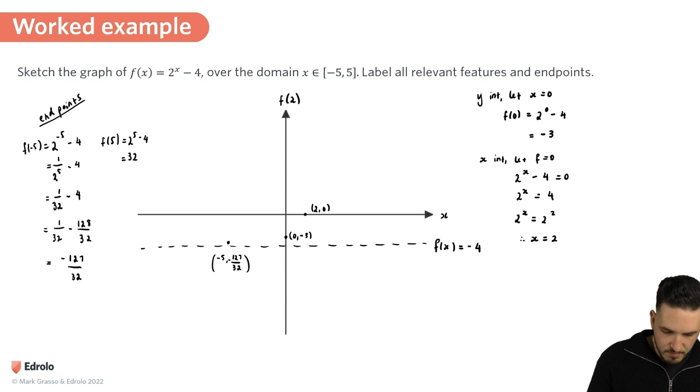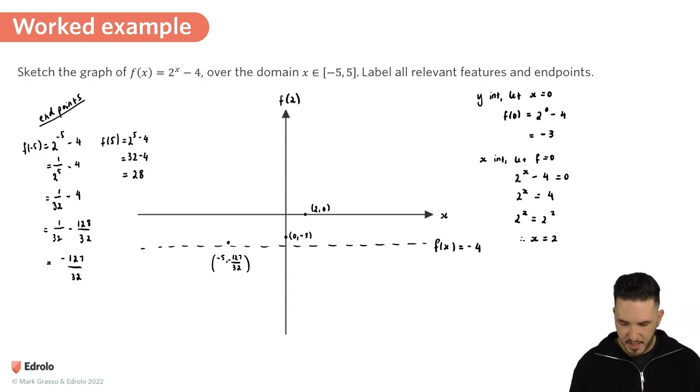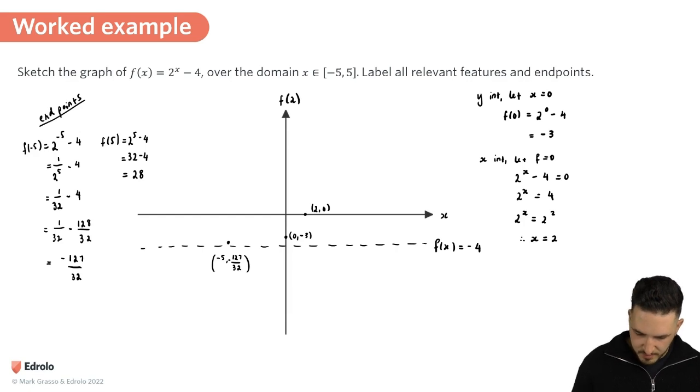So 32 minus 4 gives us 28. That was a little bit easier to solve. So 28, if that's 4, it's probably going to be really, really high. So it's 2, 5. Let's go up here. So it's going to be 5, 28. My scale was a little bit off, but that's okay.